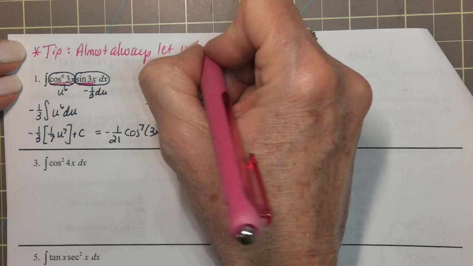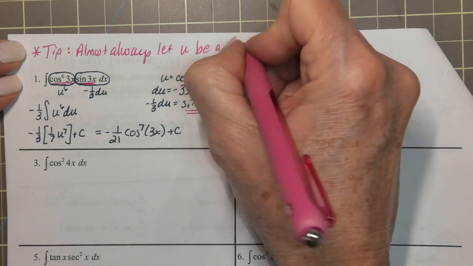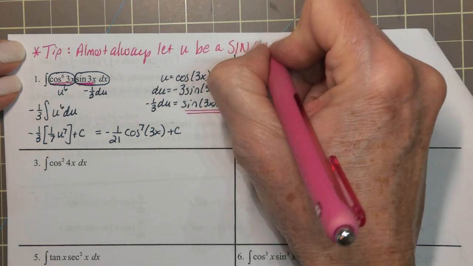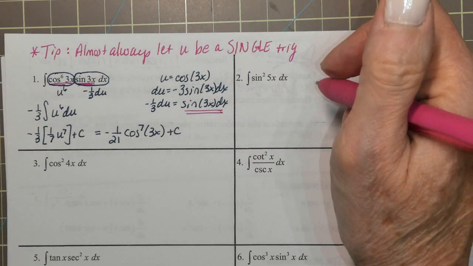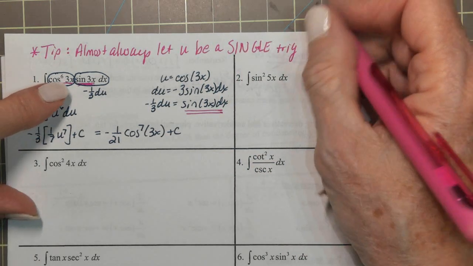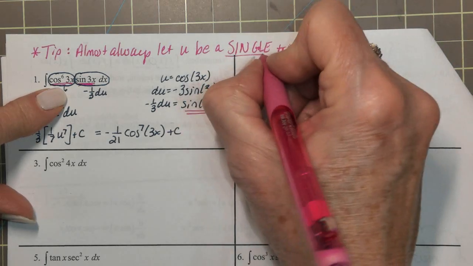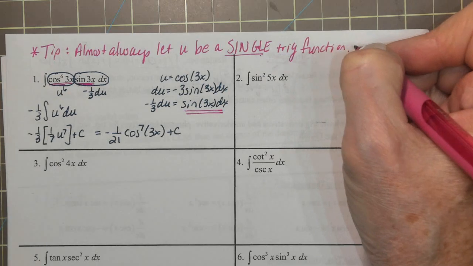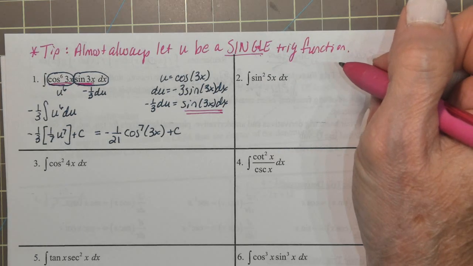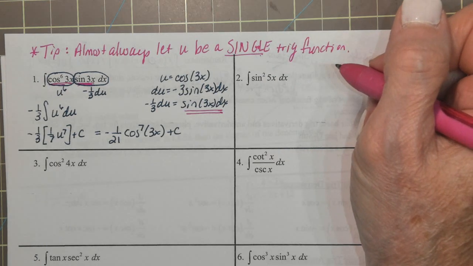If you're going to do a u sub with a trig function, almost always let u be a single trig function, not a power of a trig function, a single trig function.